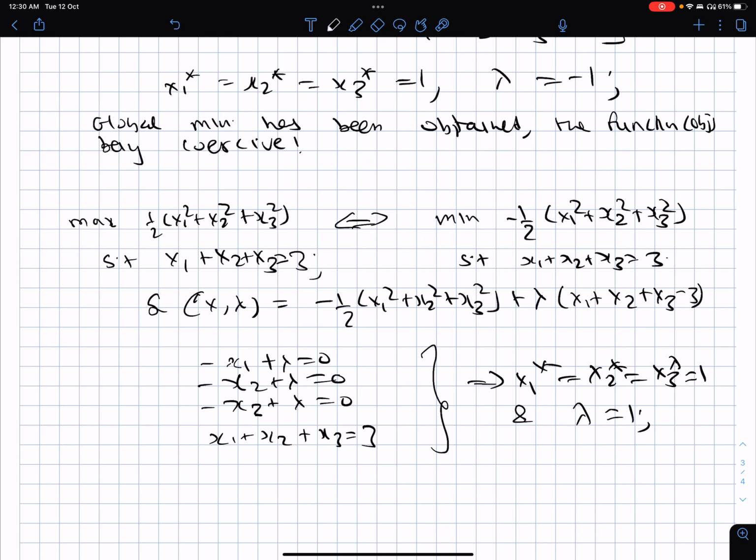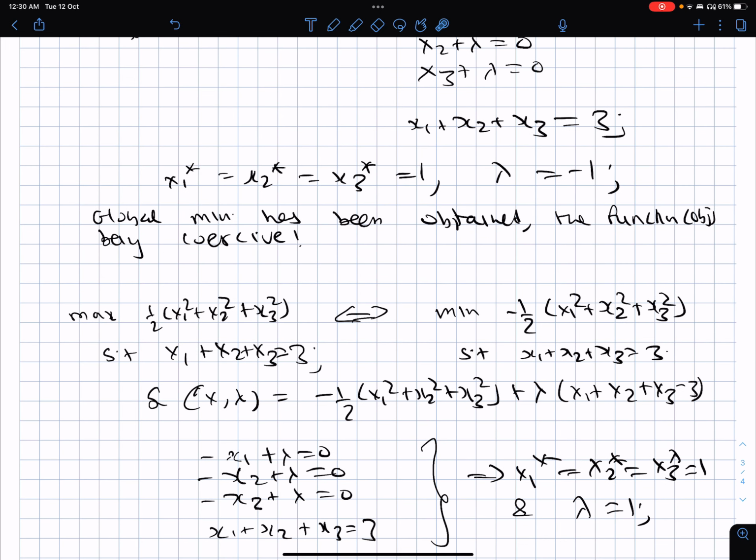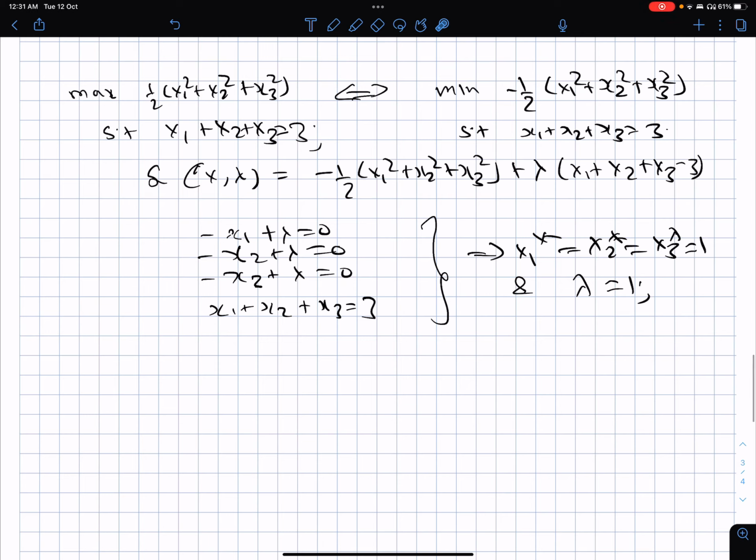Now in this case, as the length of x goes to infinity, the value of the objective function goes to minus infinity. So the function is not coercive, and you cannot say anything about the existence of a minimum.